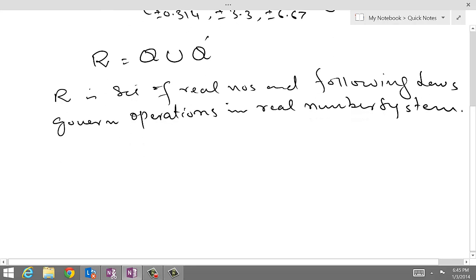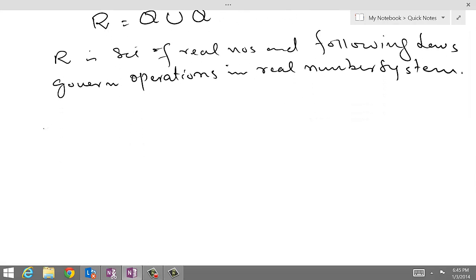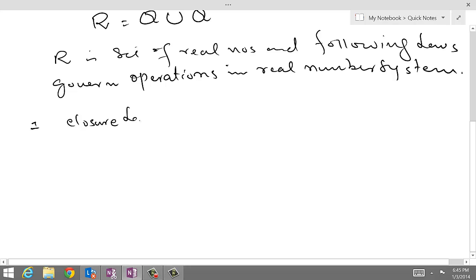As we have defined before, we are going to define first the closure law with respect to addition.